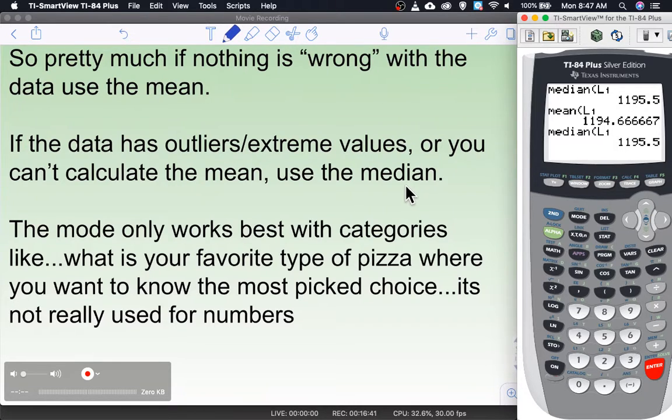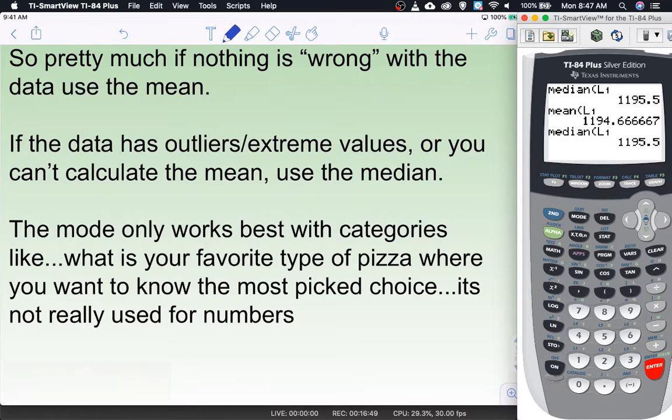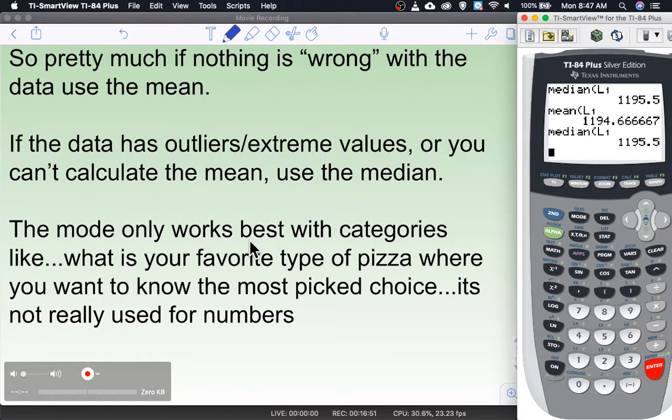So the median's like the backup if there's something wrong with the mean. Mode, you shouldn't really ever use the mode for a set of numbers. The mode only works best with categories, like your favorite type of pizza, where you want to know the one that's picked the most. It's not really used for just a set of numbers.